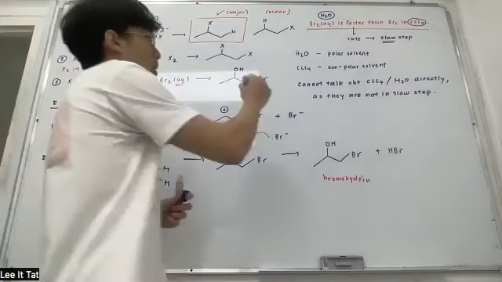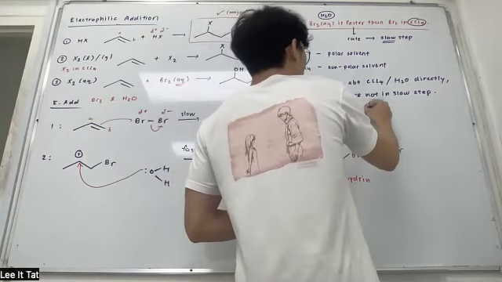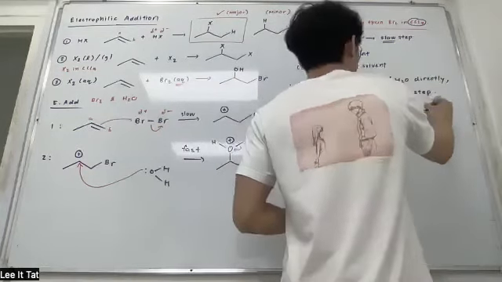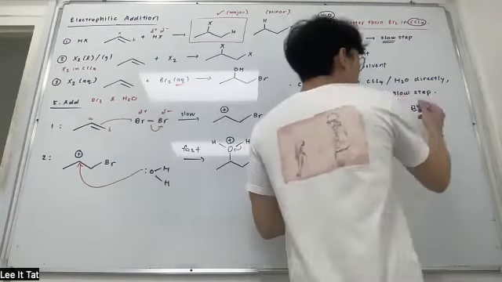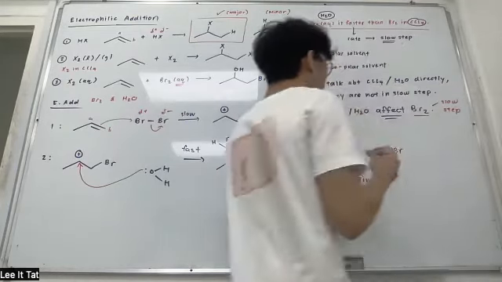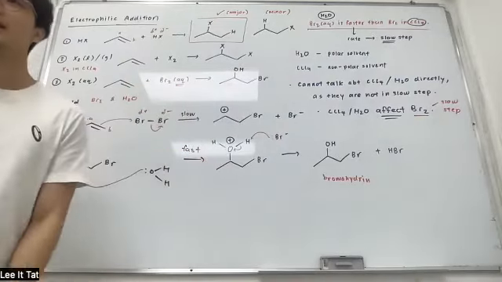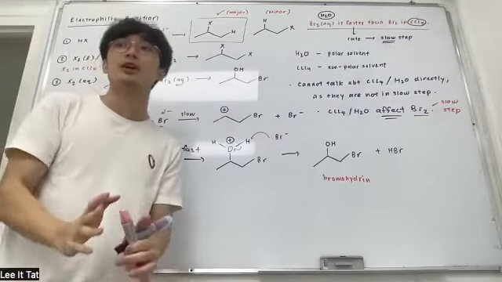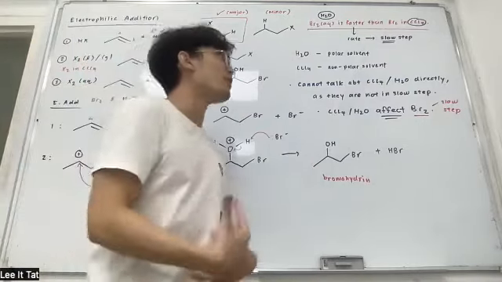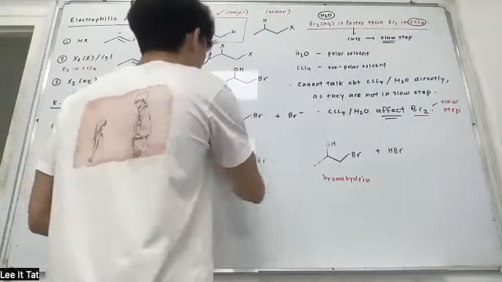If we can't talk about them directly, somehow the CCl4 and water will affect the Br2, because remember, Br2 is in the slow step. So it's about the solvent affecting the Br2, not just the solvent. Can you see what I'm trying to get at? It's not the solvent that makes it fast or slow. It is the solvent affecting Br2 that makes it fast or slow. Okay, so let me just erase a bit here.